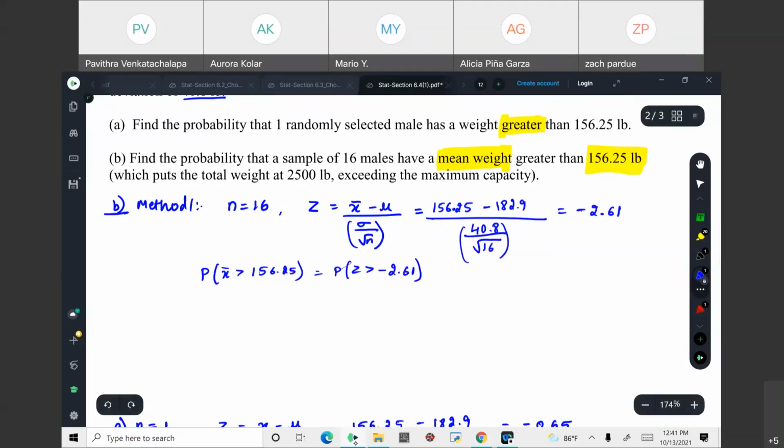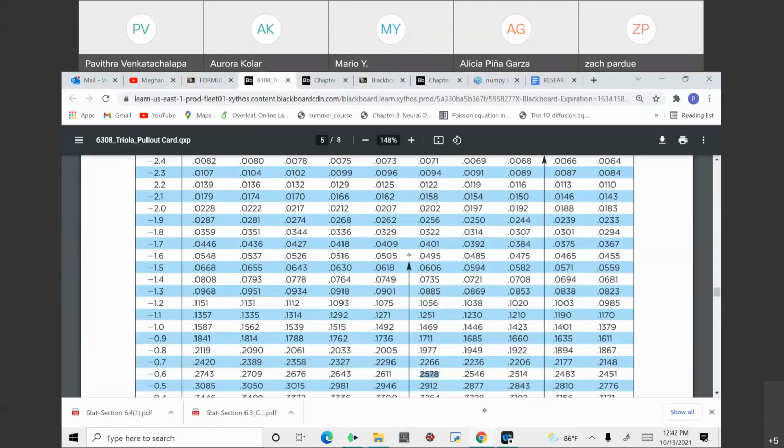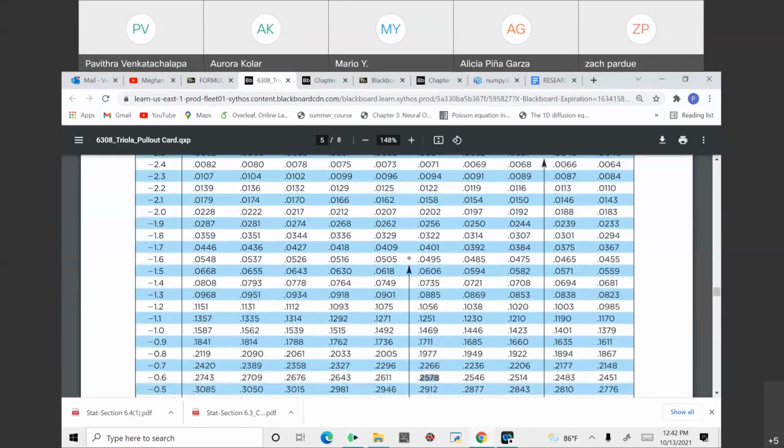So find the area of z greater than 2.61. Now since it is greater, I will take it as 1 minus P of z less than minus 2.61. Now go back to your tables. It is negative 2.61.